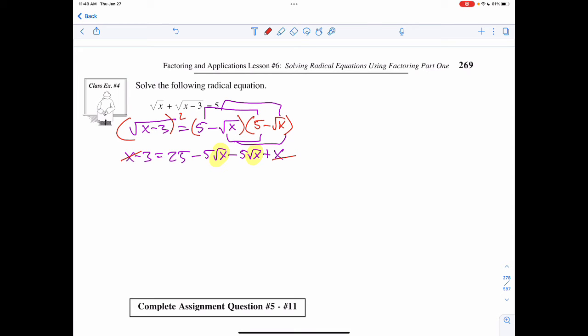And when I subtract 25 from both sides, that's going to give me negative 28 is equal to negative 10 root x when I combine those. If I want, I can say that it's going to be positive because I can just get rid of the negative on both sides. 28 is equal to 10 root x.